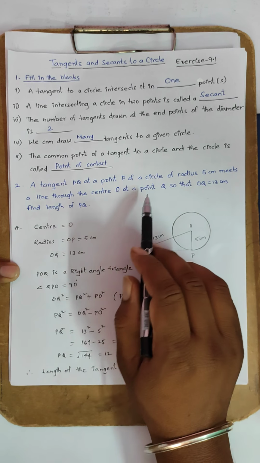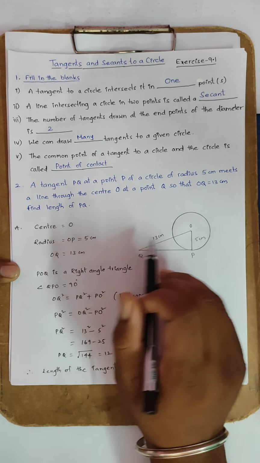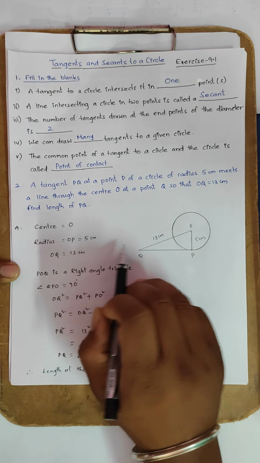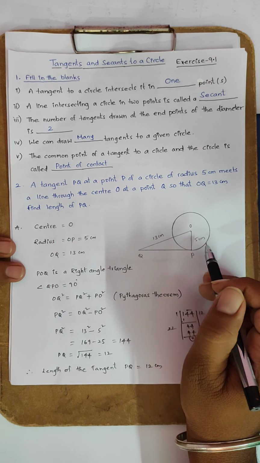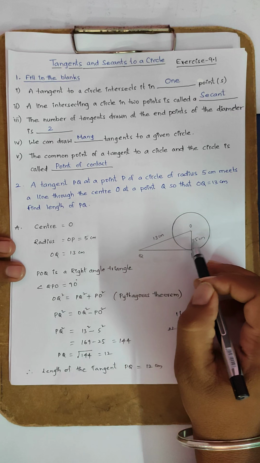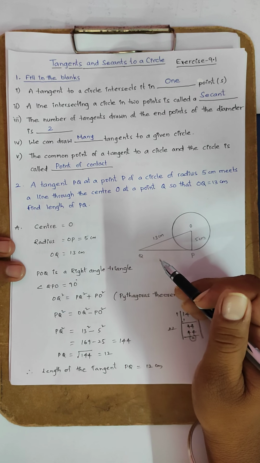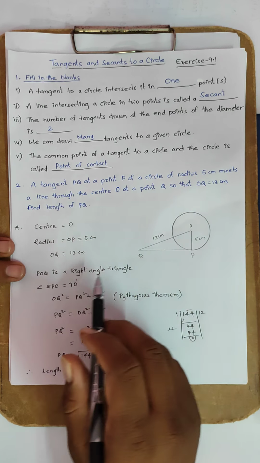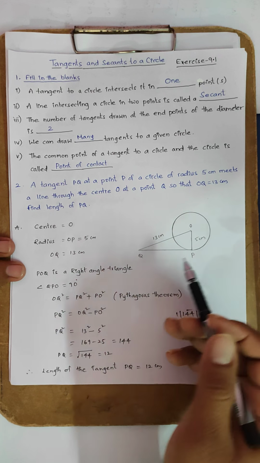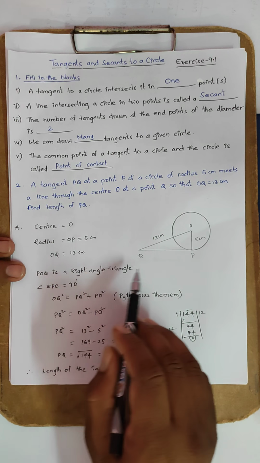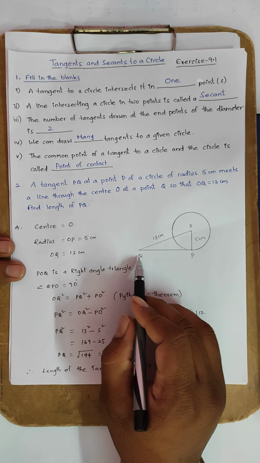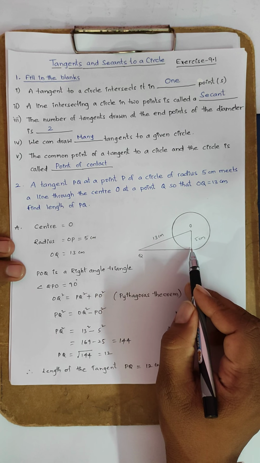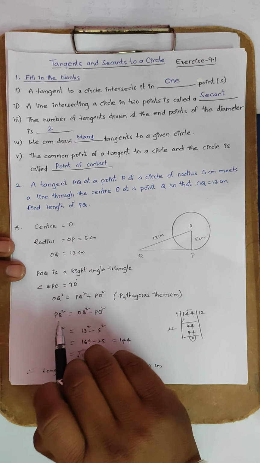In the problem itself it is given that the center is O, radius OP is 5 cm, OQ is 13 cm. Then draw a rough diagram to do the problem without mistakes. Clearly we can observe here, POQ is a right angle triangle. Angle QPO, at point P there is a right angle.